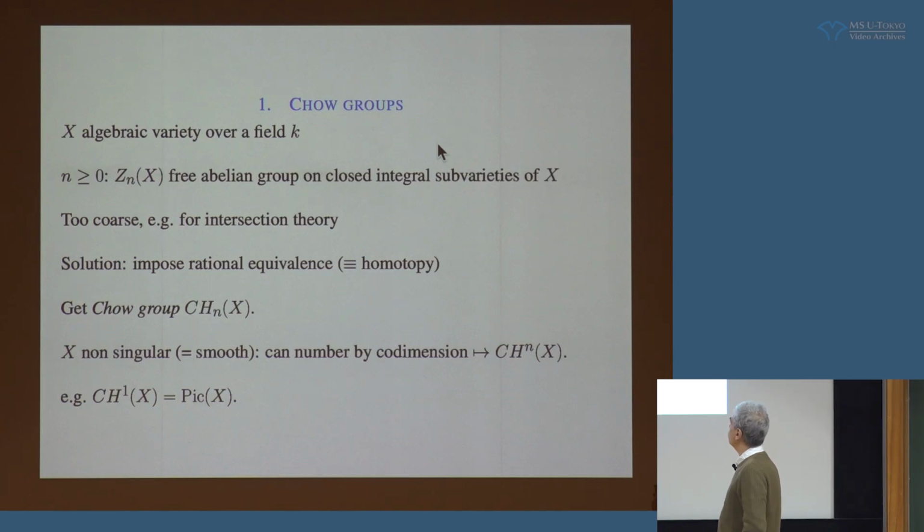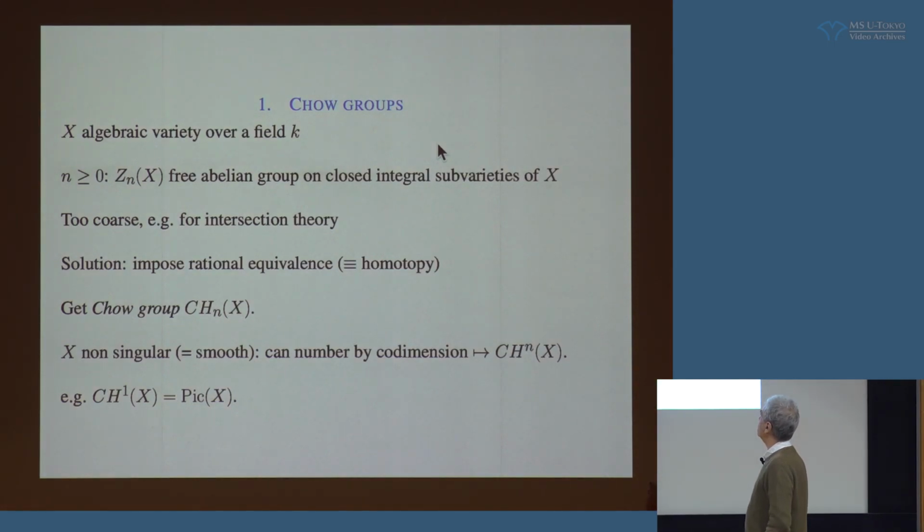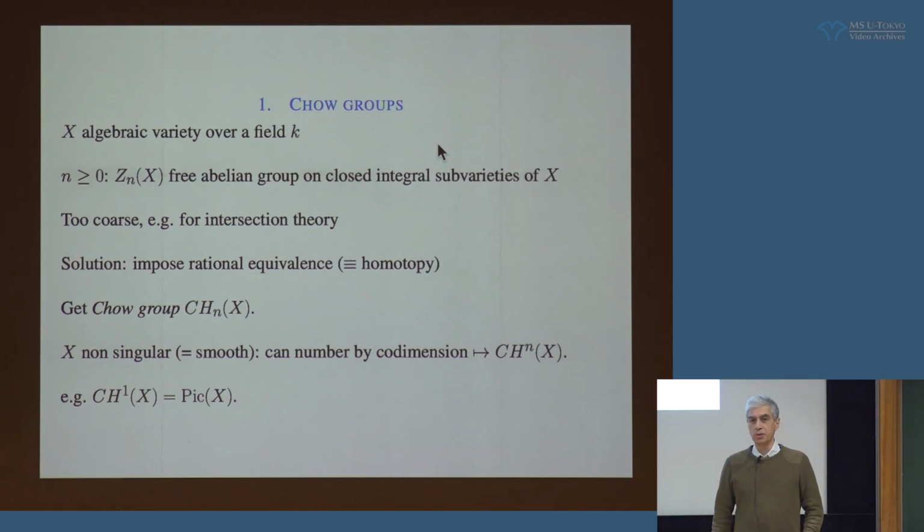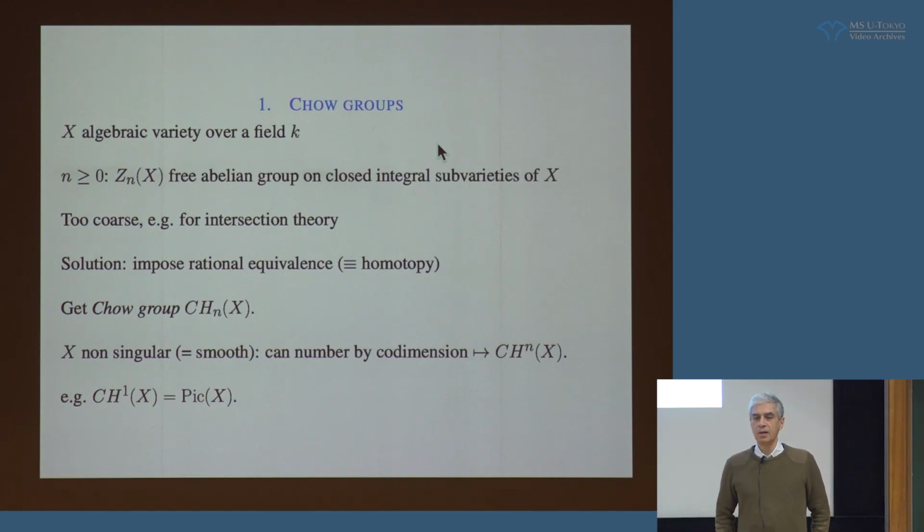Here we are over a general field K, and we can take the free abelian group with basis the closed integral subvarieties of a given algebraic variety. Obviously this is an important invariant of the algebraic variety, but it's too coarse, because with this you cannot, for instance, do intersection theory.